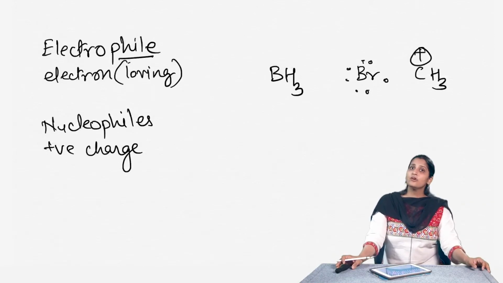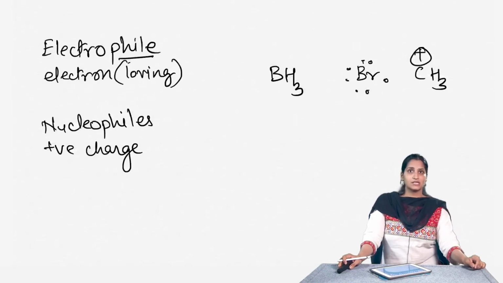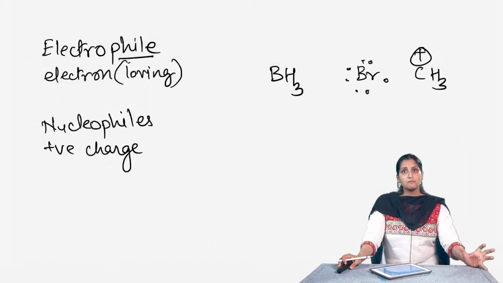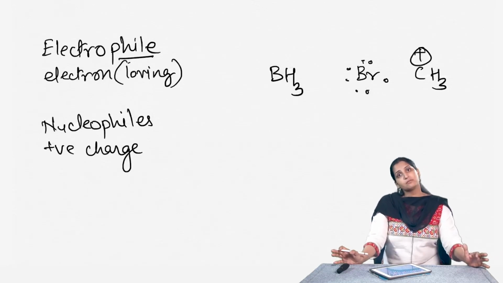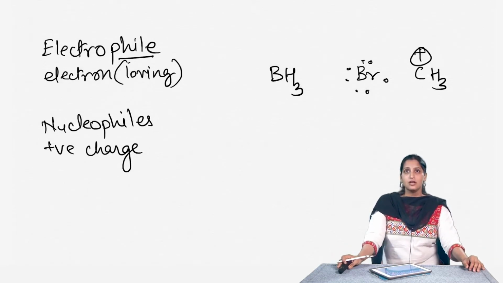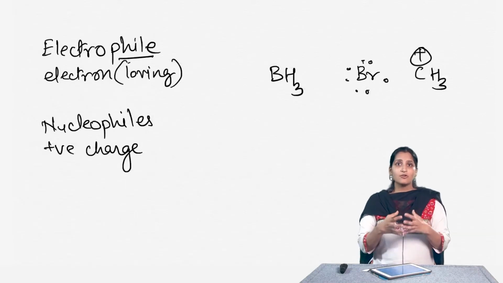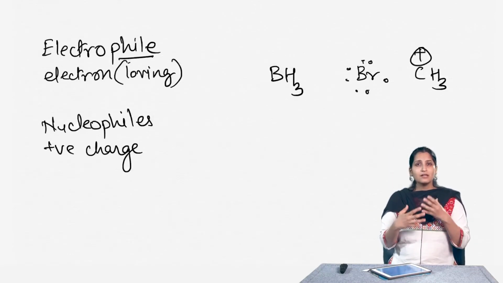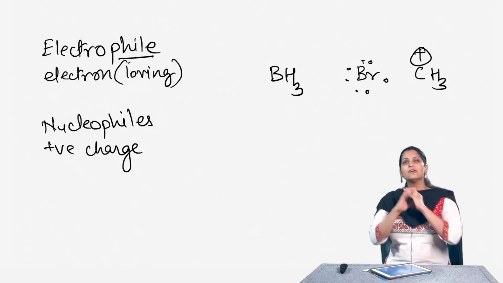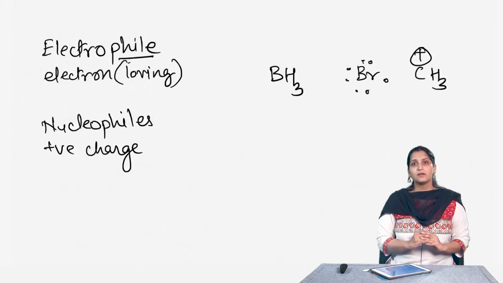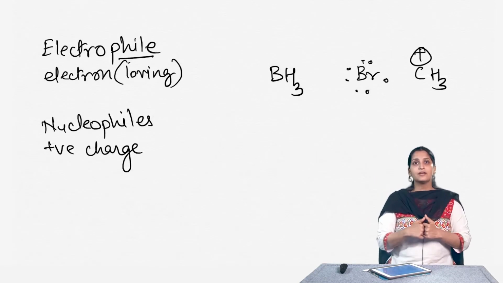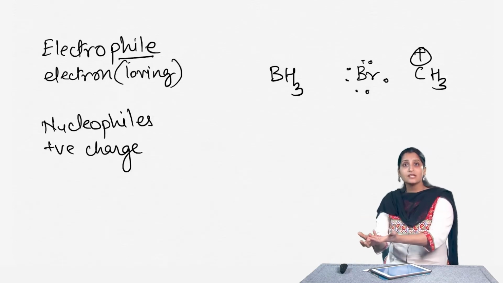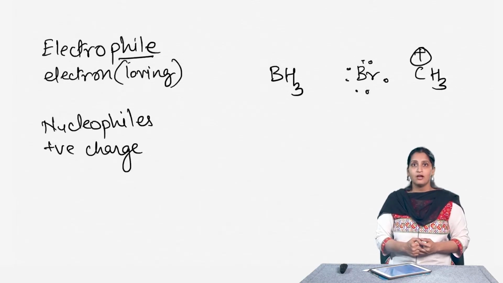A typical nucleophile has a pair of electrons it can share. Some nucleophiles are neutral, whereas some of them are negatively charged. Because the nucleophile has electrons to share, a nucleophile is typically the compound that will first go and attack a particular electrophile and will try to share its electrons with that electrophile.